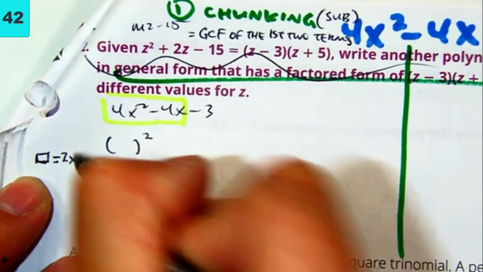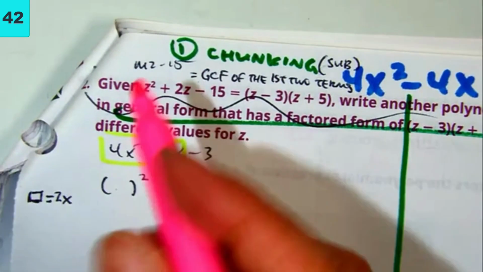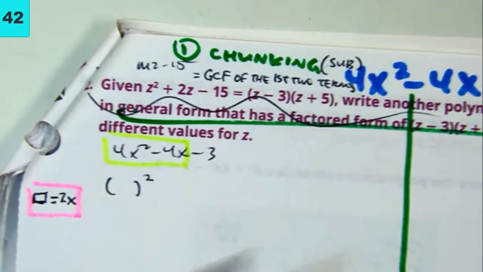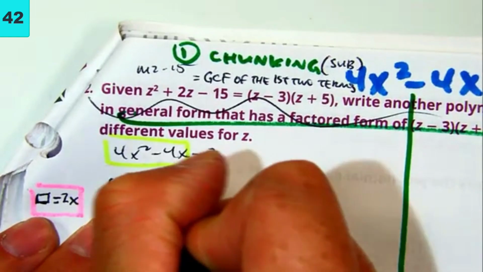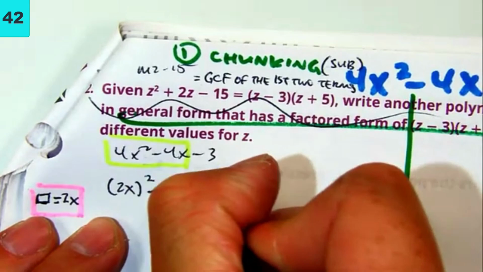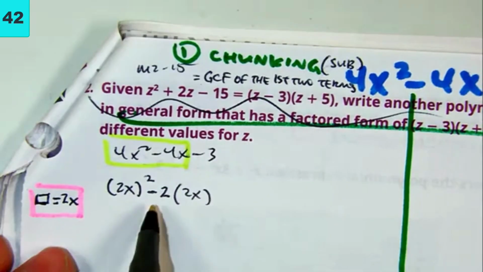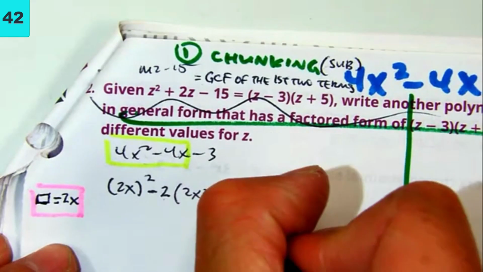So there is my substitution. So we're going to put in 2x. Look here, watch. 2x times 2x is 4x squared. And then if I do a minus 2, and I chose minus 2 because now I can do negative 2 times 2x equals negative 4x, and then I have the minus 3.